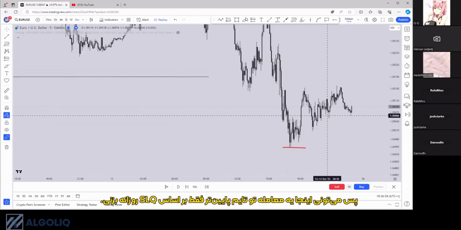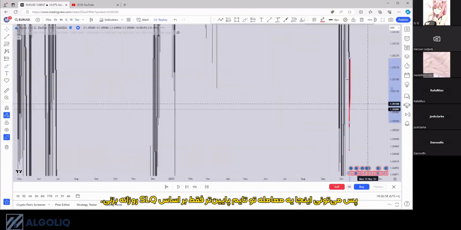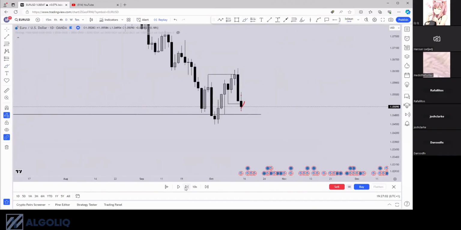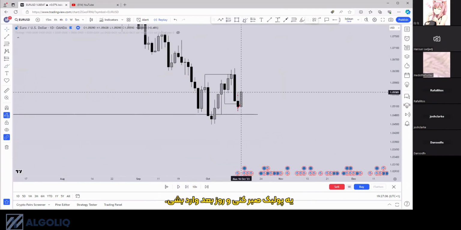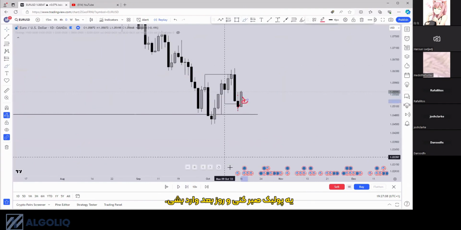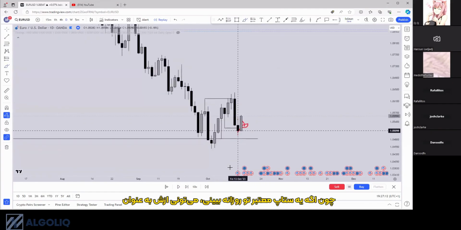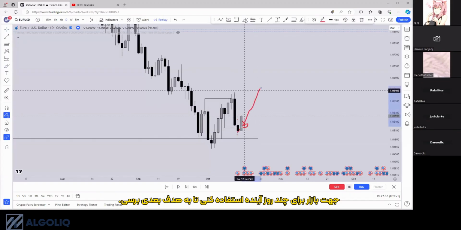So let's say you can get some lower time frame trade here, just based on daily SLQ, right? Or you can trade this after this bullish candle and you wait for some pullback and enter the next day. You can use it for bias as well. Because if you see a valid setup on daily, you can use it as bias for the next few days until we reach the next objective.